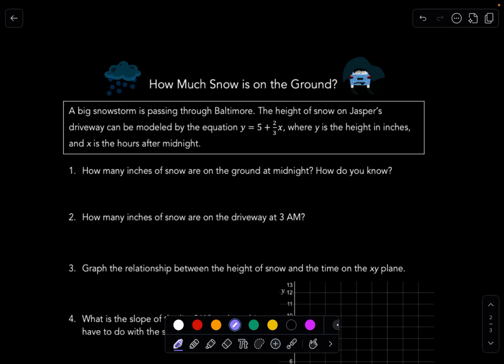So here's the setup. How much snow is on the ground? A big snowstorm is passing through Baltimore. The height of snow on Jasper's driveway can be modeled by this equation. I'm going to erase it now that I highlight it because I want you to be able to see it. It's y equals 5 plus 2/3 x.